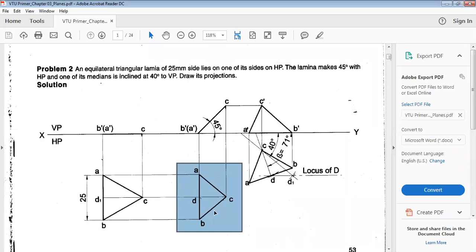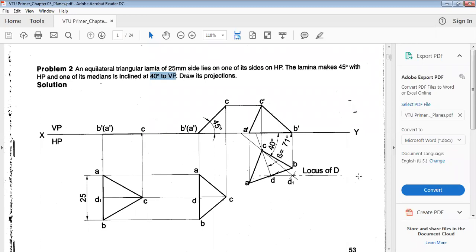So D1 and D. What I will do further, I'll draw a 40-degree line with respect to VP. It is given very clearly: 40 degree, it is making with VP. So first I will draw a 40-degree line here.